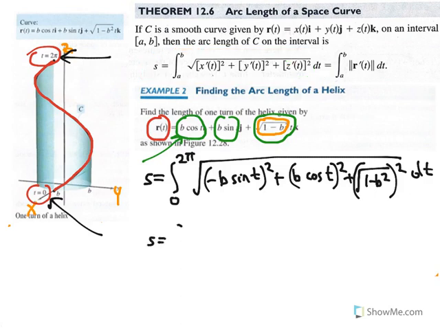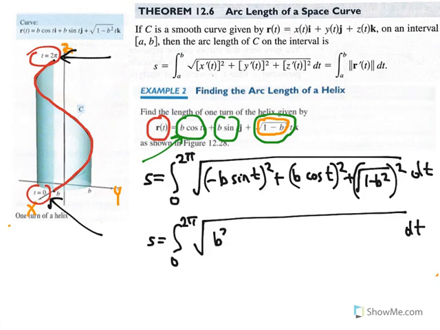Once you've done the setup, you just need to simplify the integrand, and here's how you would do that. So when you square negative b times sine of t, you'll get b squared times sine squared t. When you square b times cosine of t, you get b squared times cosine squared t. And when you square the square root of 1 minus b squared, you get 1 minus b squared.